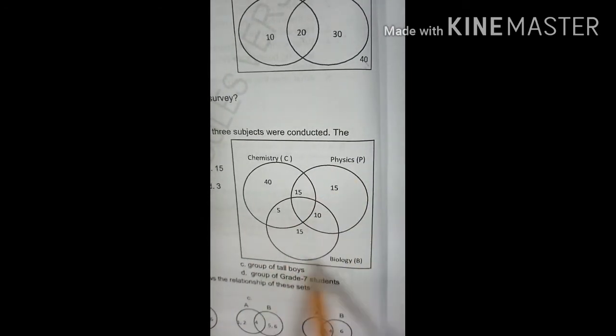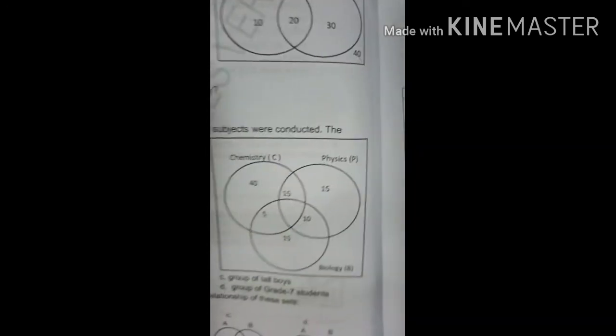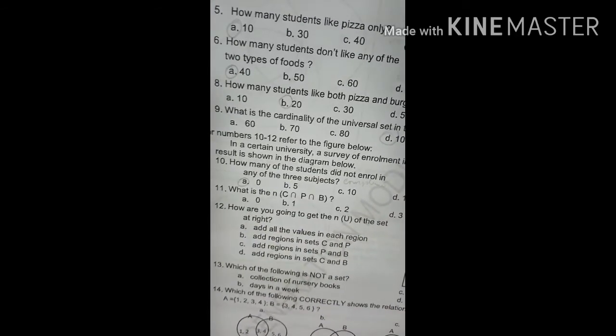There are no numbers outside the 3 circles. Therefore, the answer is 0. 0 is the answer for number 10. So, no numbers outside the 3 circles. So, therefore, number 10, the answer is 0. All of them enrolled in 3 subjects.